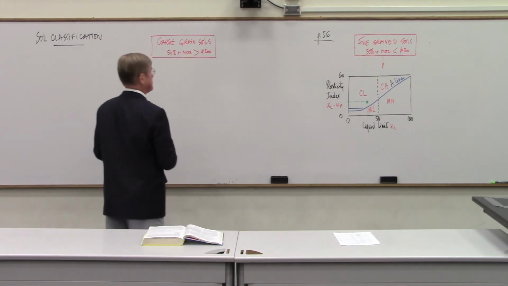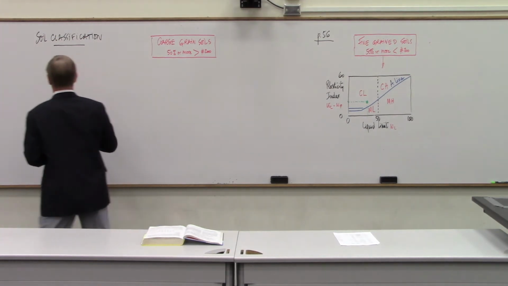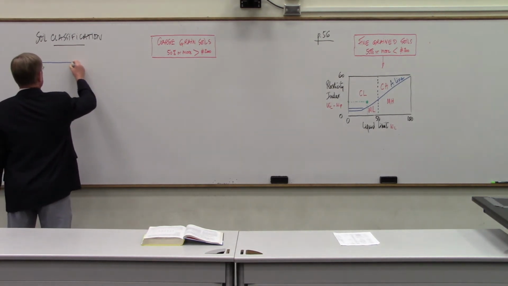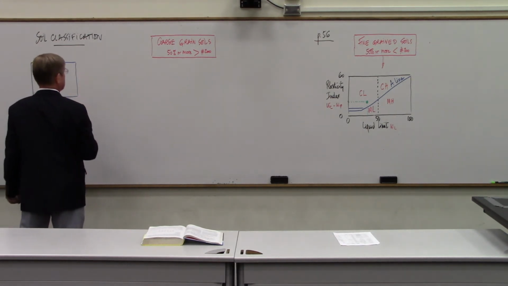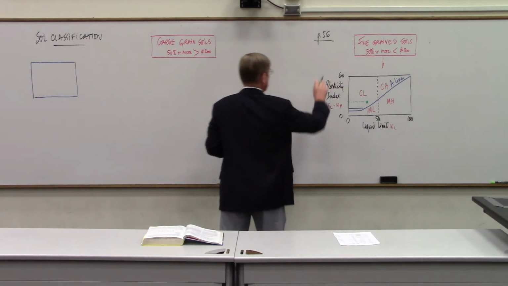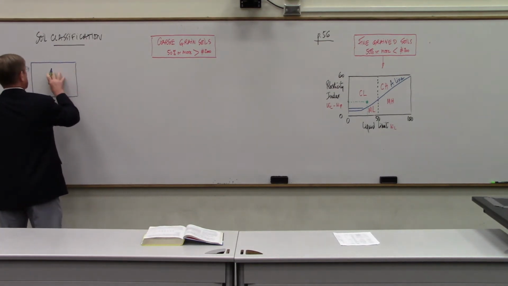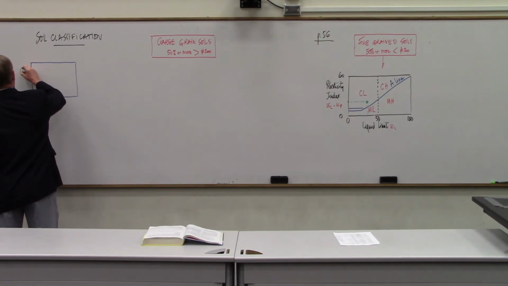Let me put here a typical grain size distribution curve, because we're going to make use of that curve. So here you see the plasticity chart is what really governs the classification for fine-grained soils. For the coarse-grained soil, it's the grain size distribution curve. So remember, here we'll have the percent passing, or finer.